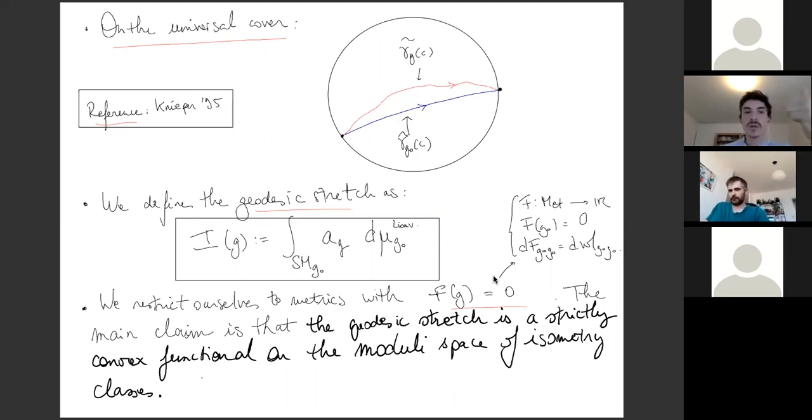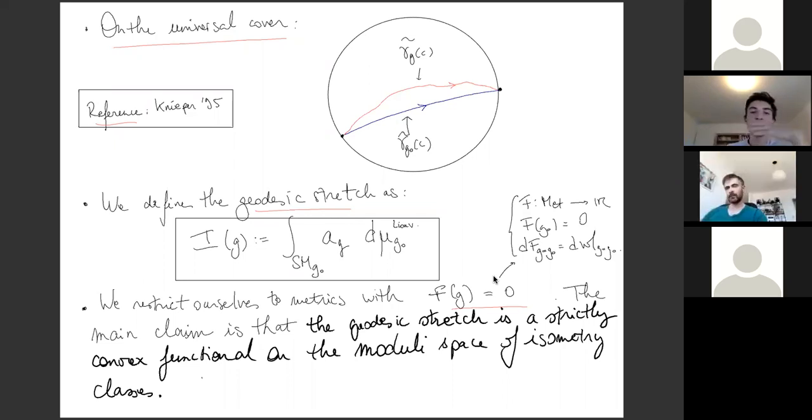The first step is when I compute the first derivative of the stretch, because I'm claiming that the geodesic stretch functional is a strictly convex functional on the moduli space of isometric classes. So I'm actually cheating, because it's not true. It's only true if I get rid of a natural direction which corresponds to the dilatation of your metric.